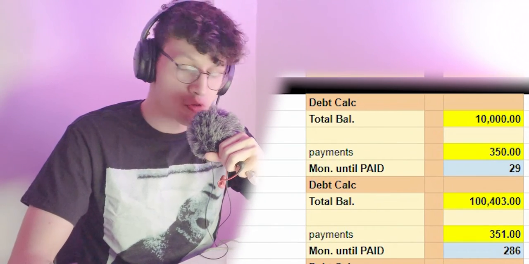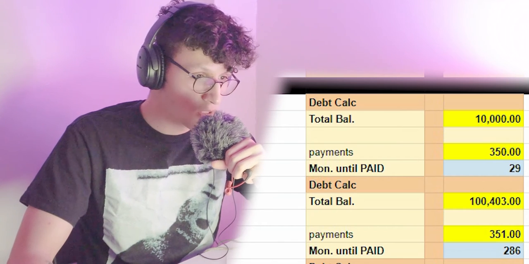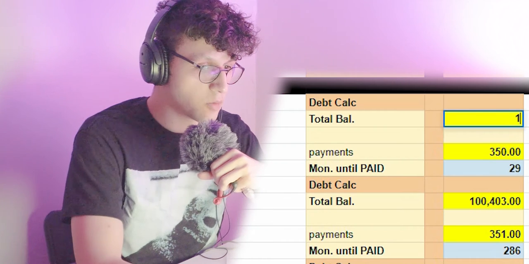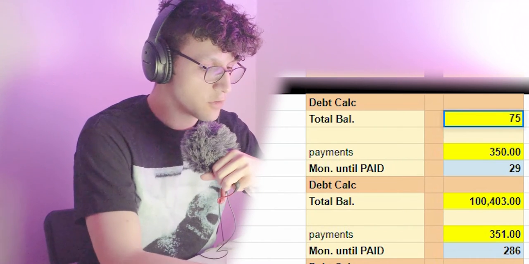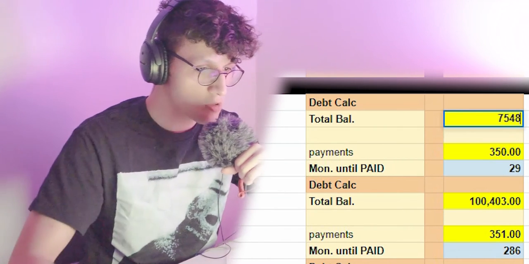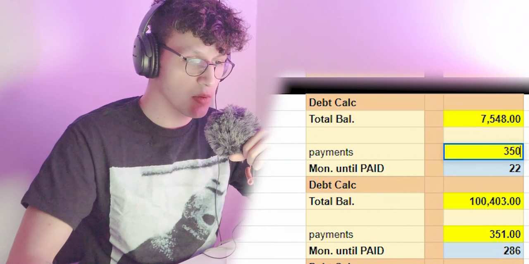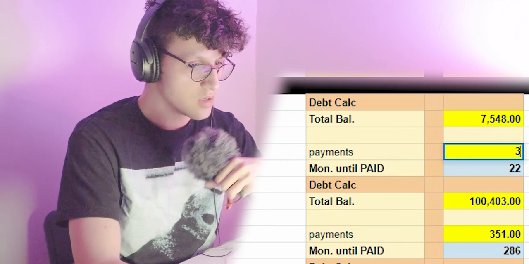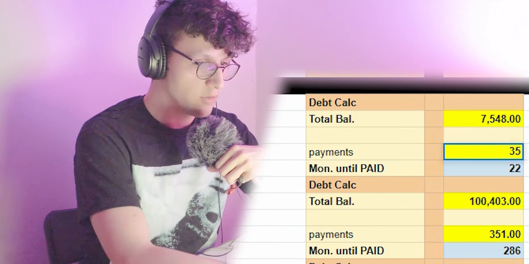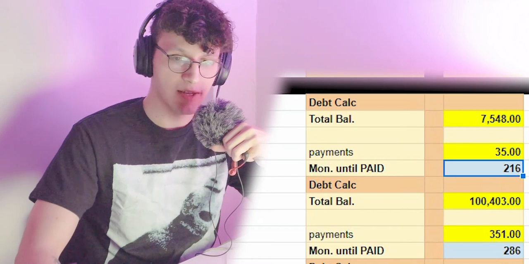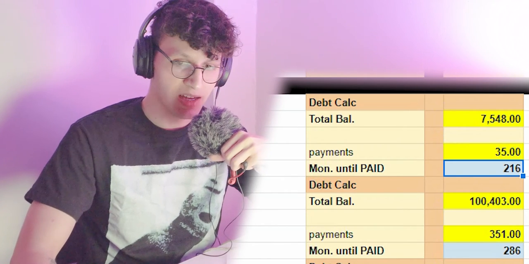This is a super simple, very simple piece of technology here. Let's say that I purchased something that was $7,548, right? If I paid the minimum payment, which was $35, it's going to take me 216 months to pay off that debt.